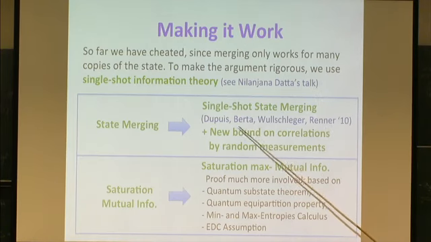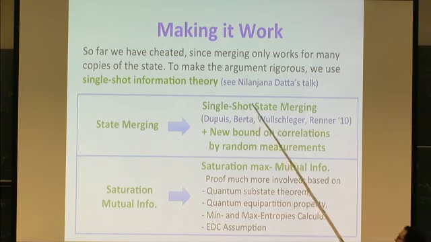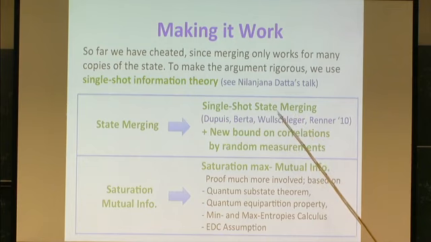And this was worked out by these guys. And you can get something similar to what I used, but you have to change the entropies by max entropy, min entropy, and so on. So these things become harder to do, but it still works kind of in the same way. So we use their results, and we also have to extend them a little bit to cover the situation we want.